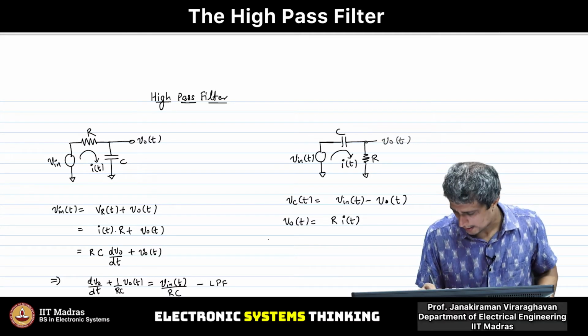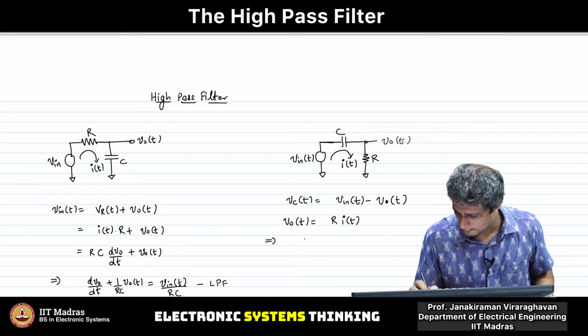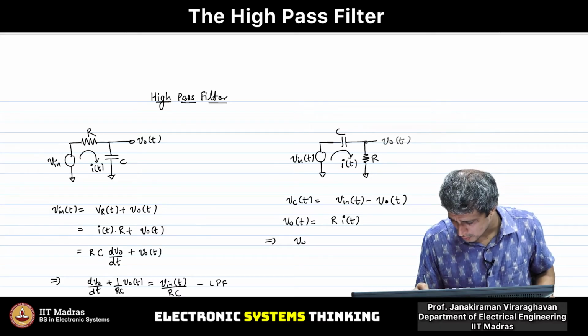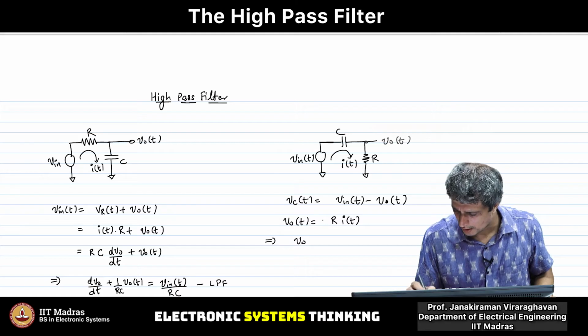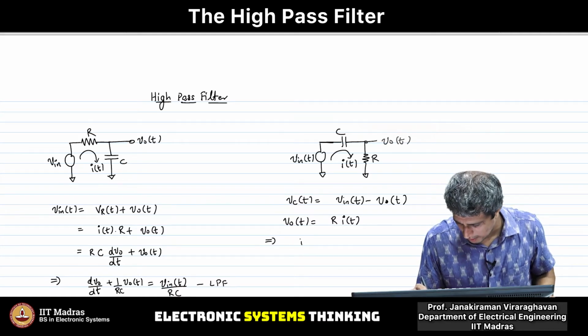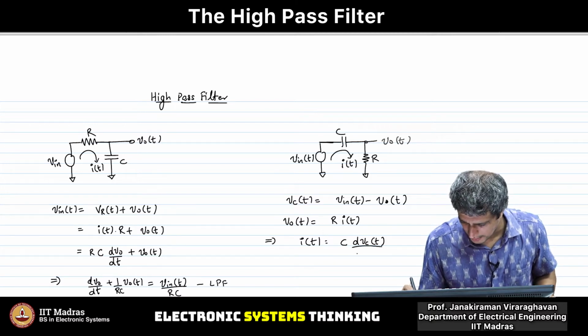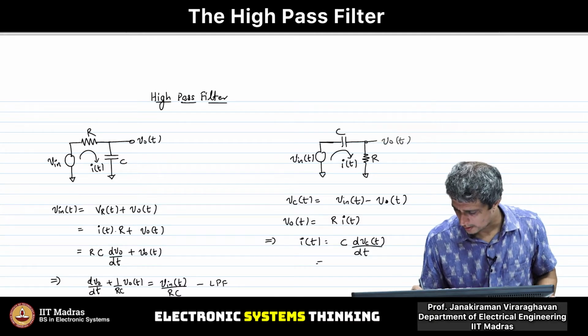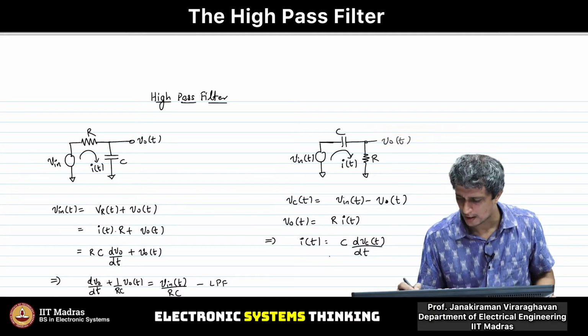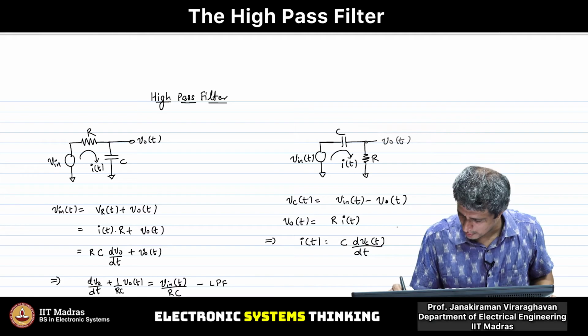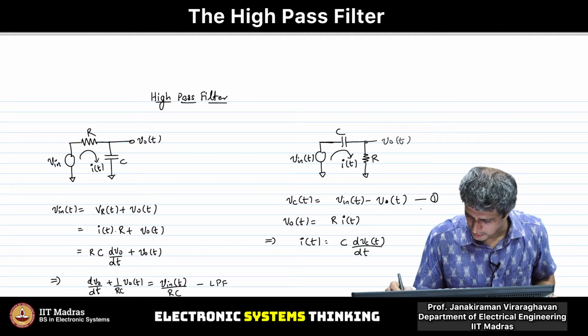And what is I of t? It is C times dV c of t by dt. So I can combine these equations, this is equation 1, 2, 3.